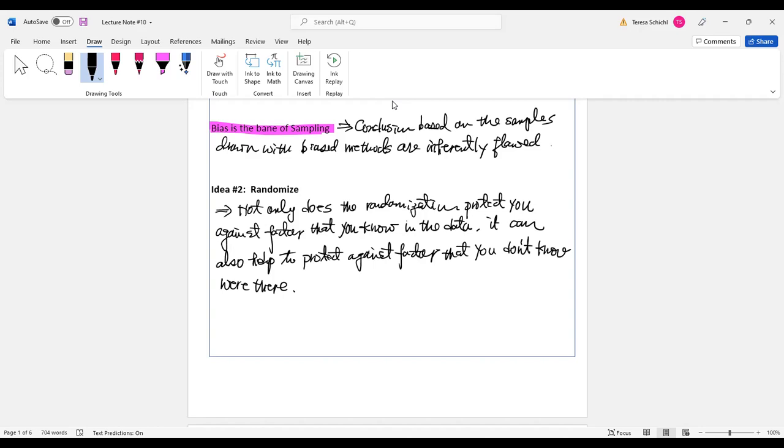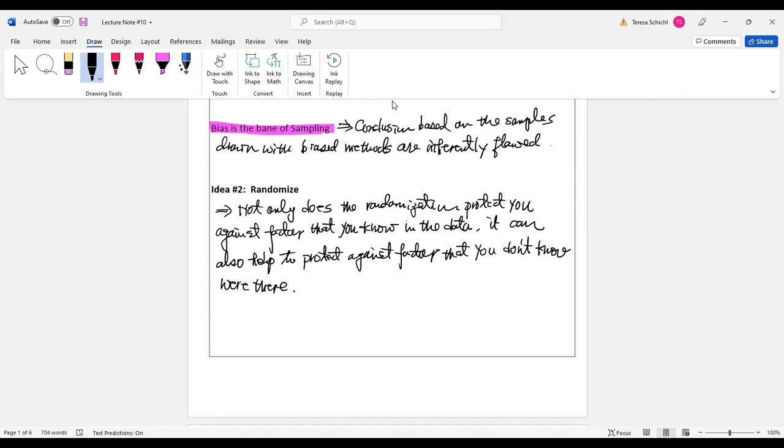For example, if I want to take a sample to see how many hours people study for the exams, I want to take 10 students from the class.